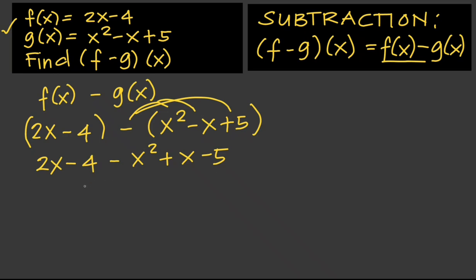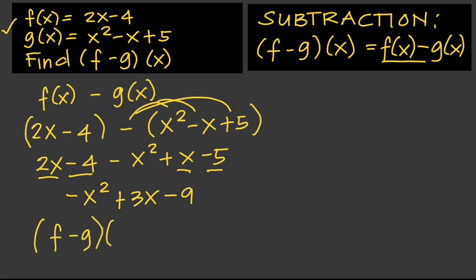Then simplifying further, this would become negative x squared, combining like terms, 2x plus x, that is 3x. And then -4 plus -5 is -9. Therefore, f minus g of x is just equal to negative x squared plus 3x minus 9.